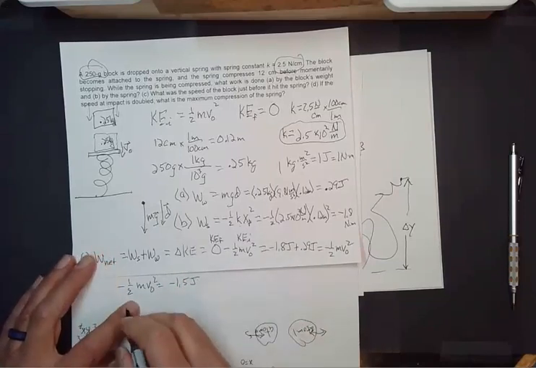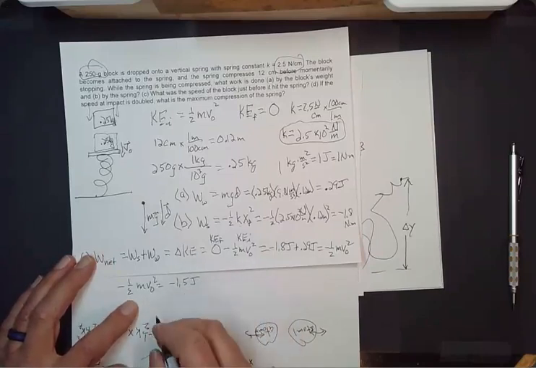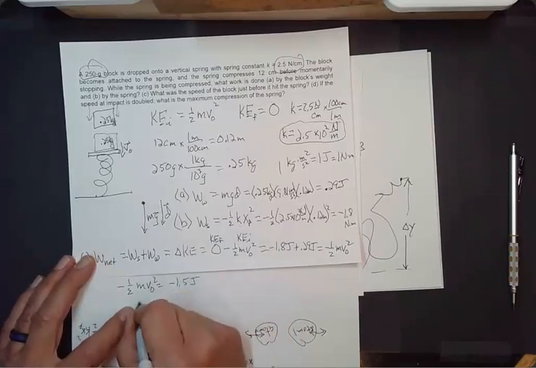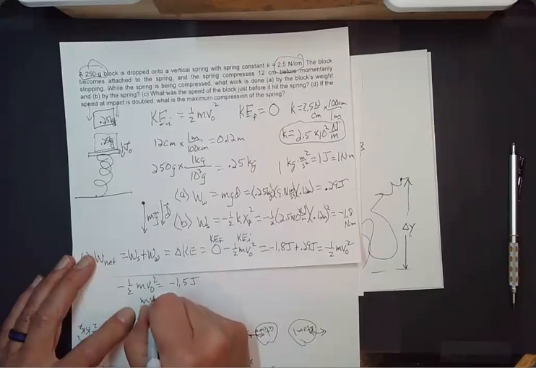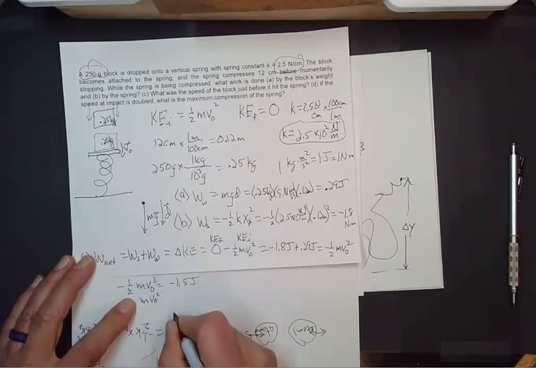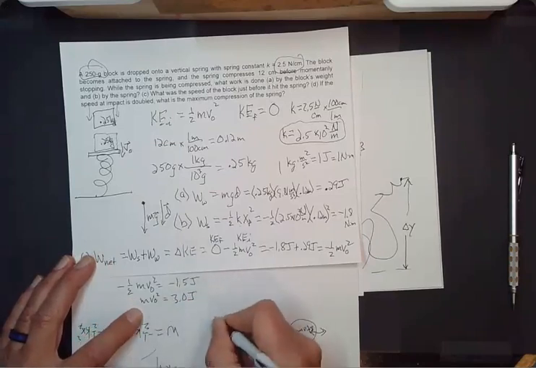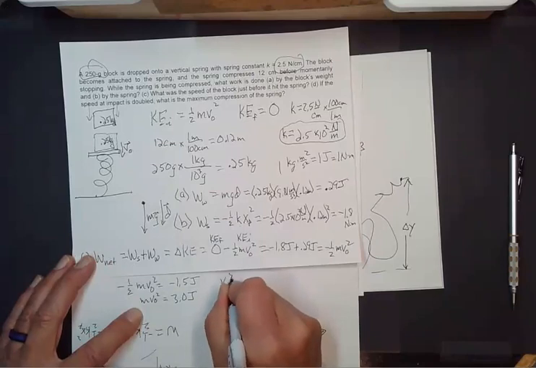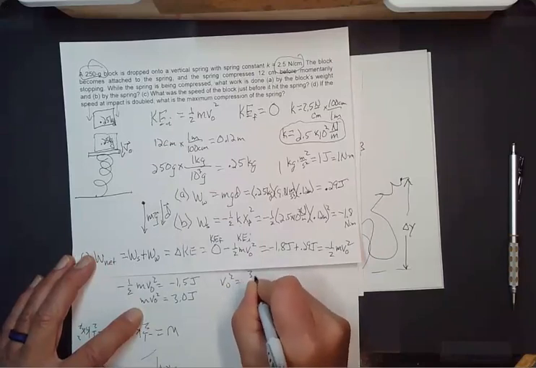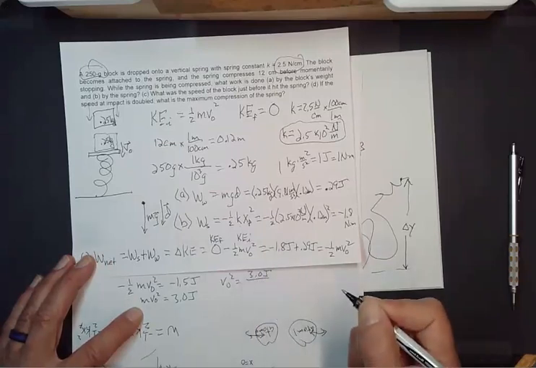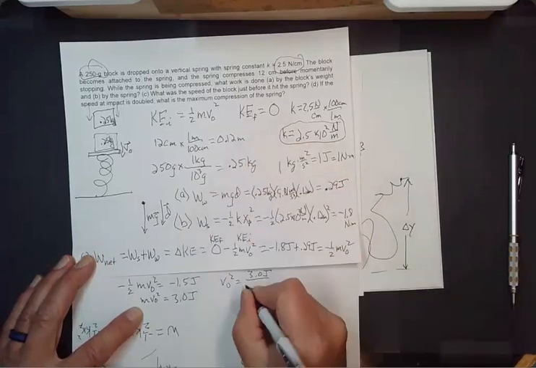Multiply both sides by 2, and I'll get m v naught squared by minus 2 actually will equal 3.0 joules, or v naught squared will equal 3.0 joules divided by the mass, which I keep forgetting, 0.25.